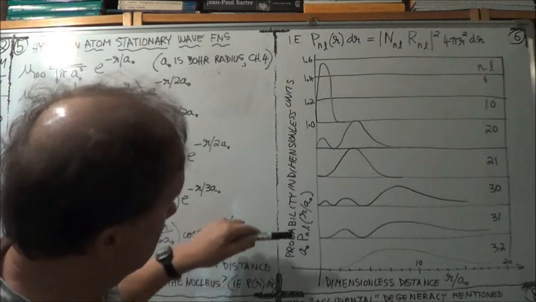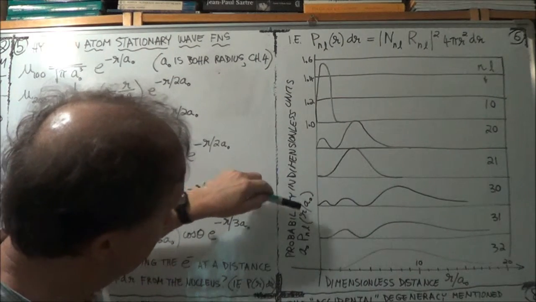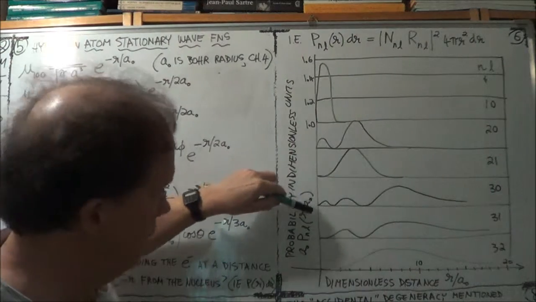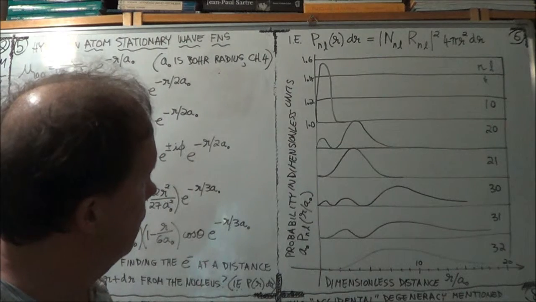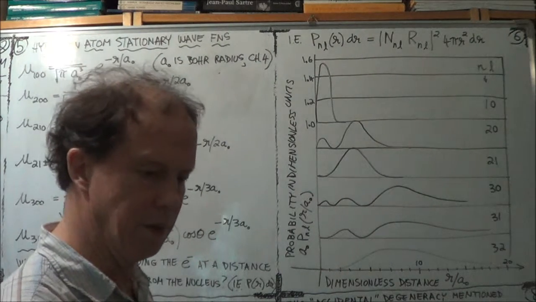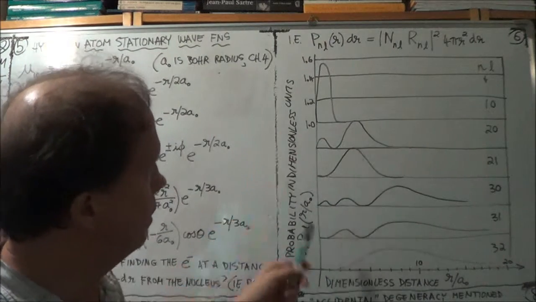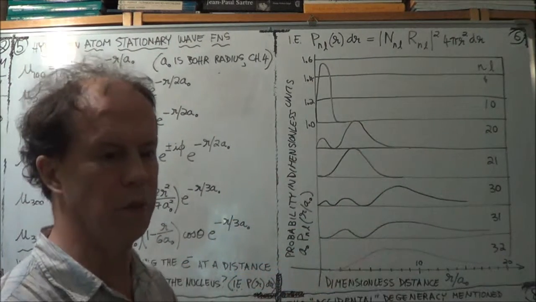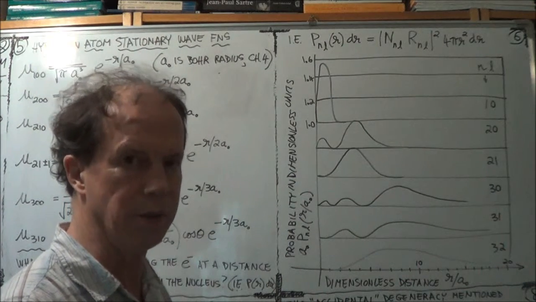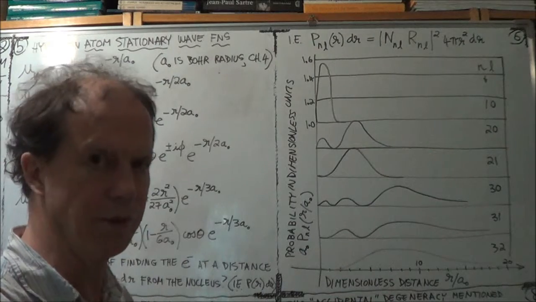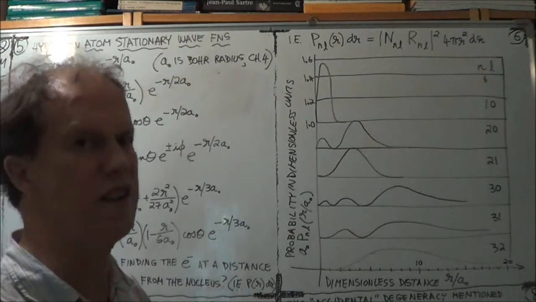And defining it this way, dividing r by the Bohr radius, a0, you get dimensionless quantities. And so what? It's just more convenient. Then your quantities do not depend on which particular unit you chose, centimeters or miles. You get rid of all that because it's dimensionless. It's just straight numbers.